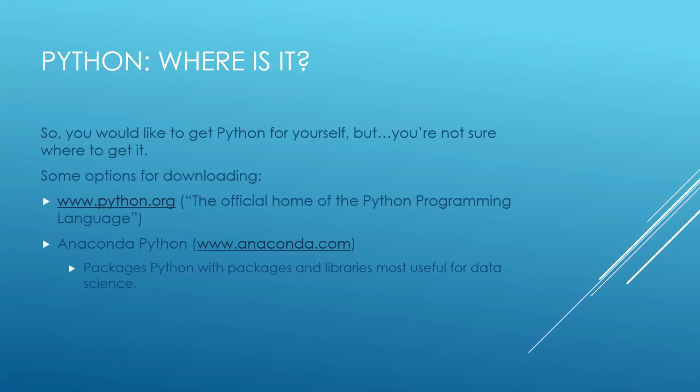And if you are interested in data science or data processing in general, you might find the Anaconda Python package interesting because when you install it, it automatically installs not only the basic Python, but also a series of libraries that are particularly useful for data science.